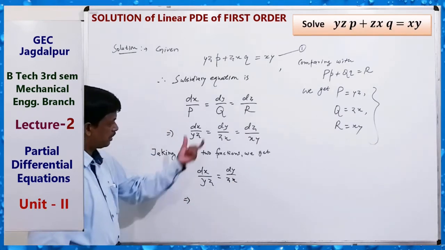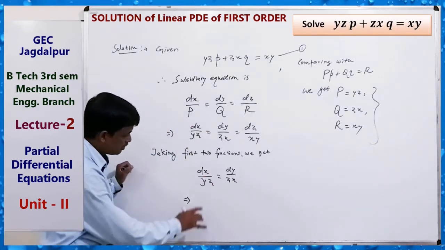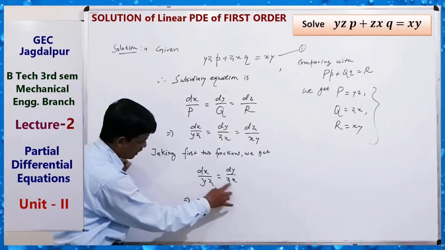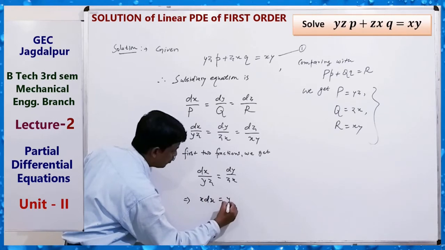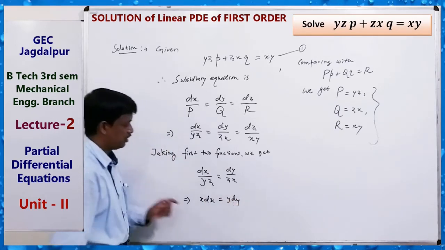Now taking only two, here z cancels, and x dx equals y dy.